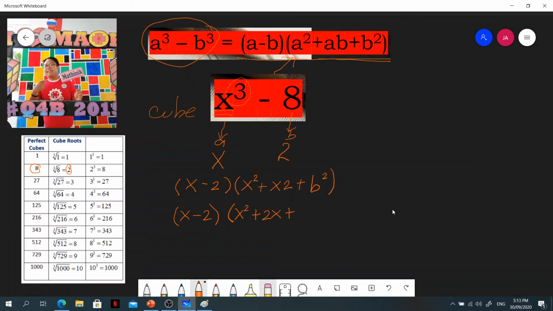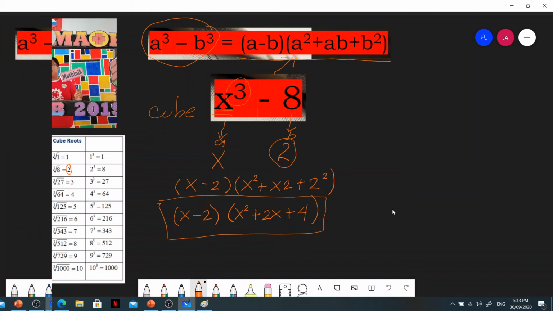Dapat ito ay 2 kasi yung b natin ay 2. Okay? So, 2 squared. So, 2 times 2, 4. Okay. So, kapag naging ganyan ang itsura, na-simplify na natin, yun na po ang final answer.